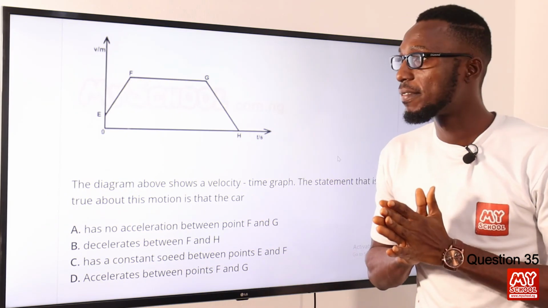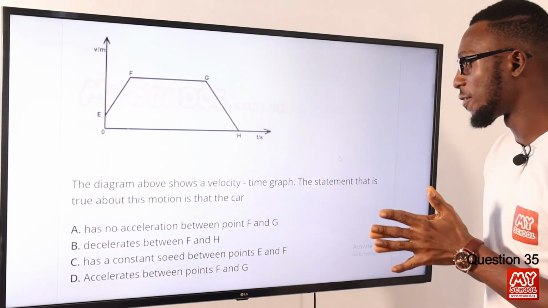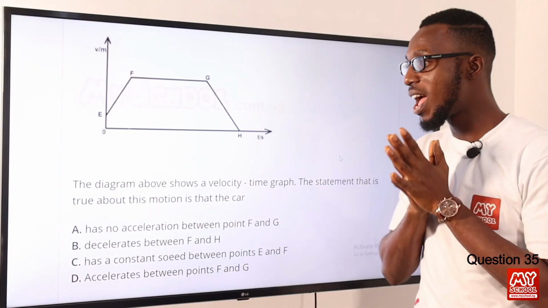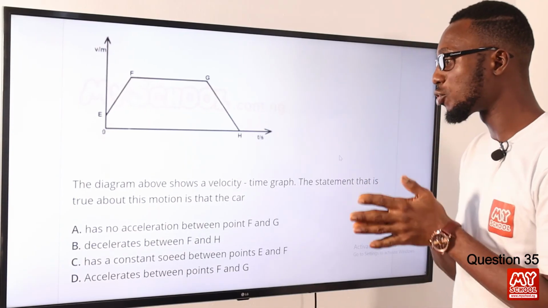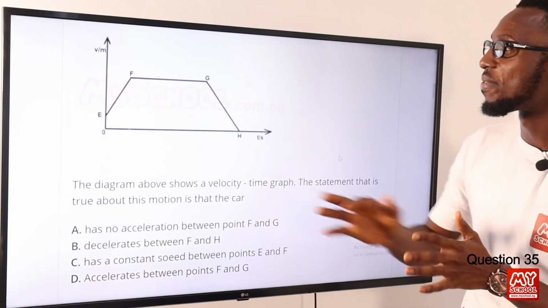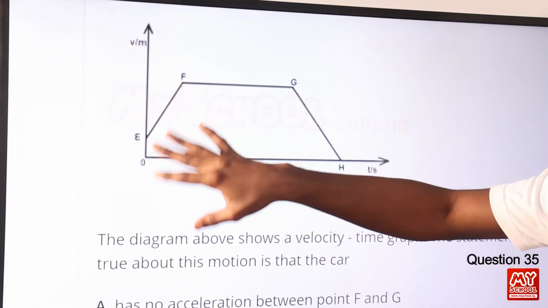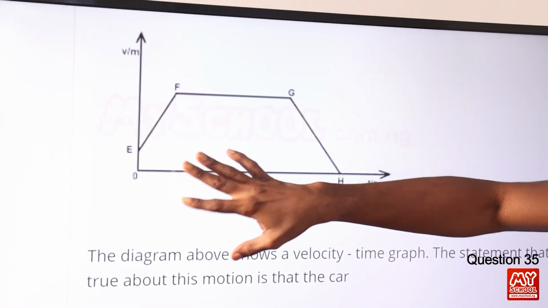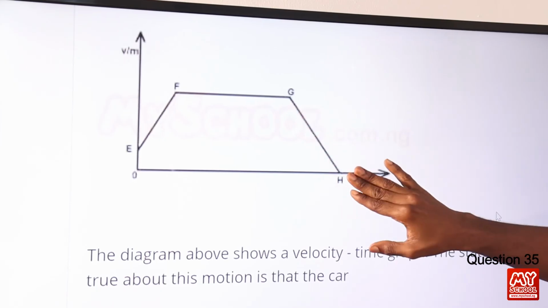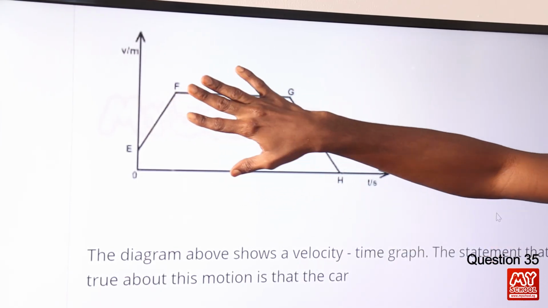Question 35. The diagram above shows a velocity time graph. The statement that is true about this motion is that the car. From E to F, you can see the car is accelerating. Here, acceleration is 0, there's no change in velocity.